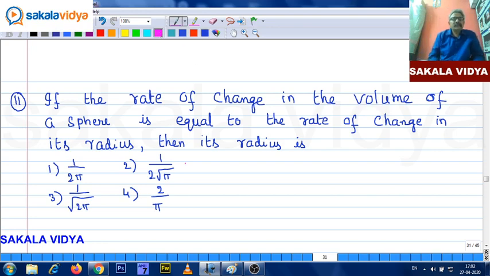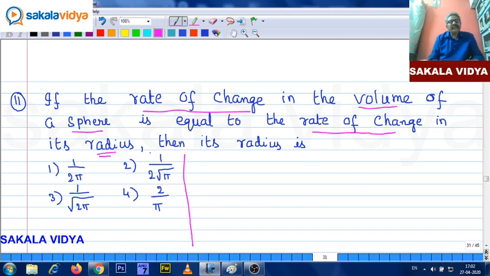Right. The rate of change in the volume of a sphere is equal to the rate of change in its radius. Then the radius we need to find out. So, that means this problem is related to the sphere.